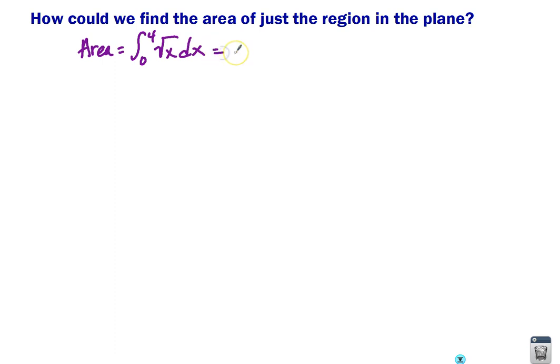So then, quite simply, this becomes 2/3 x to the 3/2 from 0 to 4. I plug in 4 and 0, so 2/3 times 4 to the 3/2 minus 0. 4 to the 3/2 is, let's see, 8. Correct? Yeah, because the square root of 4 is 2, then cubed is 8, times 2/3, so I have 16/3.